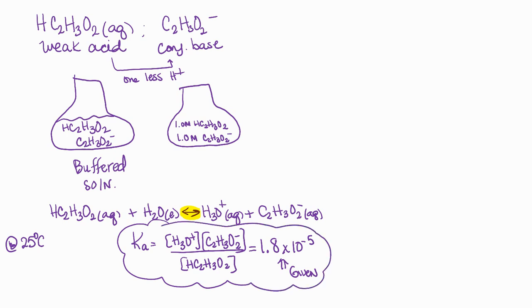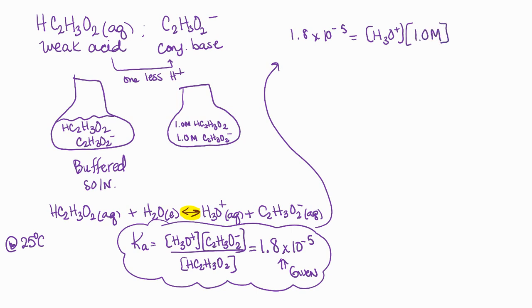I'll come up here and write it. 1.8 times 10 to the negative 5 equals H3O plus times 1 molar acetate over 1 molar acetic acid. That's because I substituted the concentrations of those into the expression.